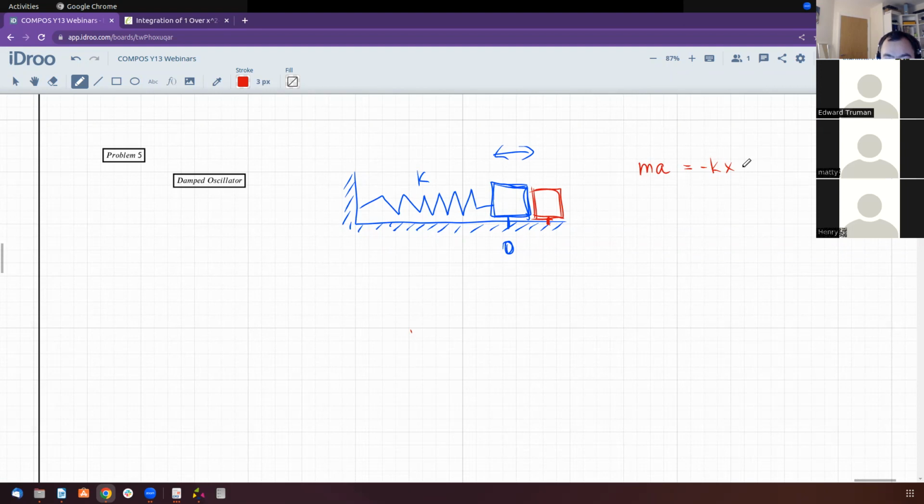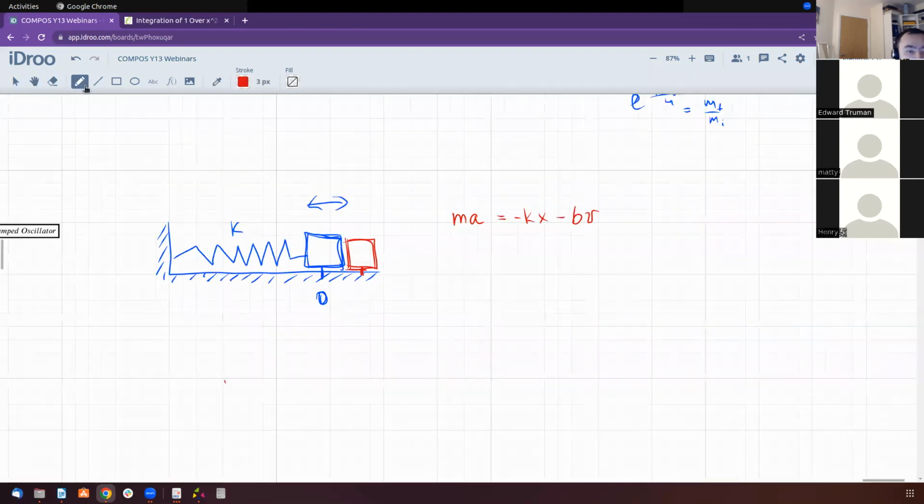But also, there is the resistance. Let's use the same notation. It is minus b multiplied by v, where b is the drag coefficient.